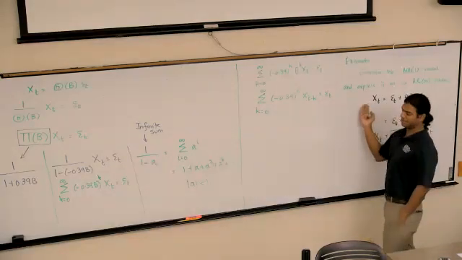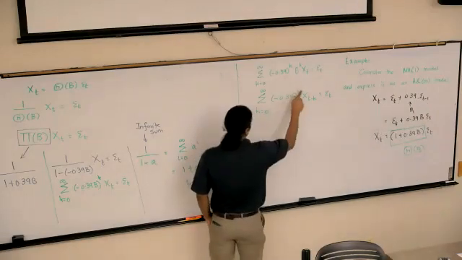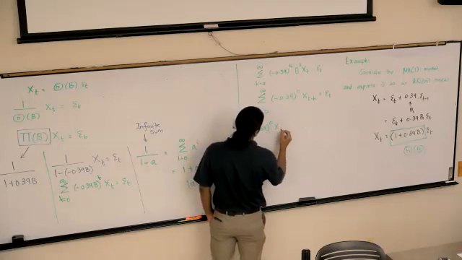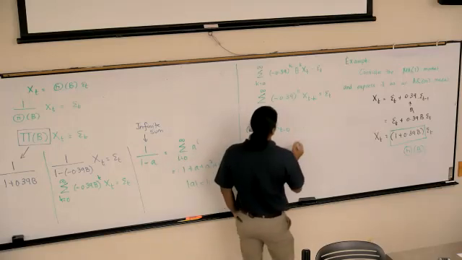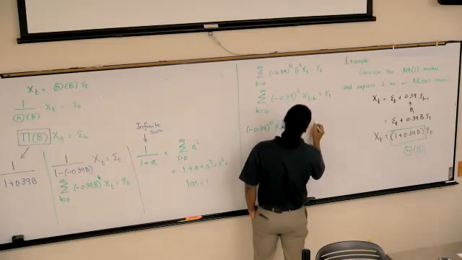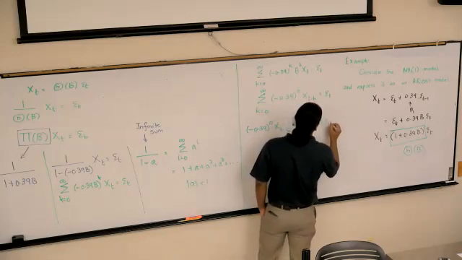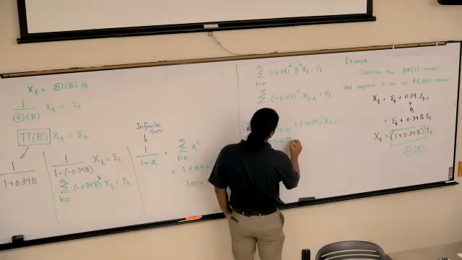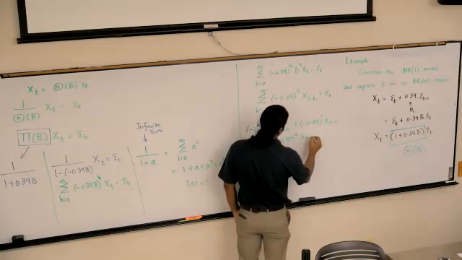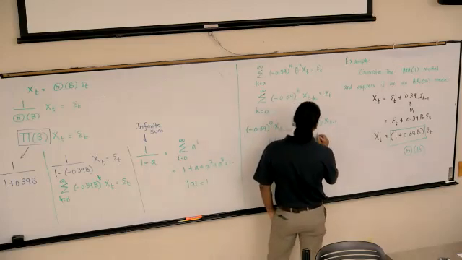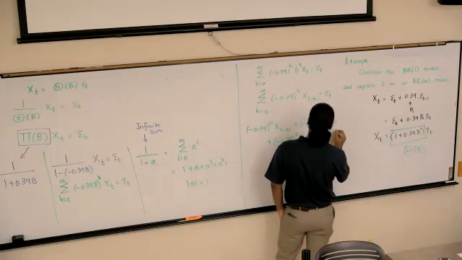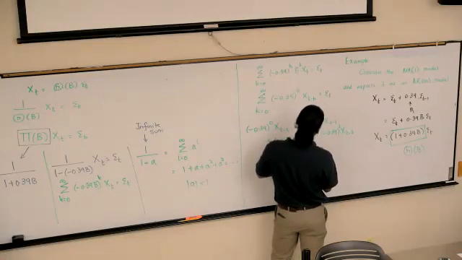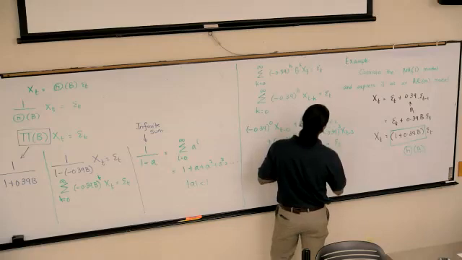If I expand this, I would have negative 0.39 raised 0, Xt minus 0, plus negative 0.39 raised 1, Xt minus 1, plus negative 0.39 raised 2, Xt minus 2. I'll do one more term: negative 0.39 raised 3, Xt minus 3, plus dot dot dot equals epsilon t.